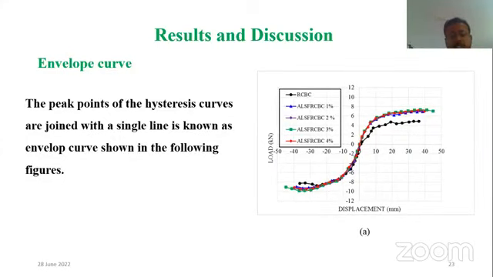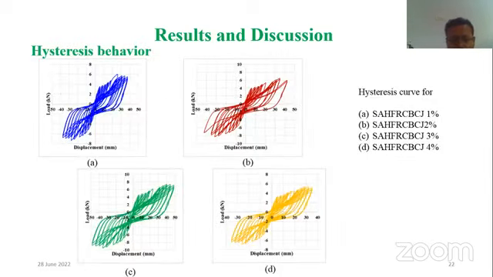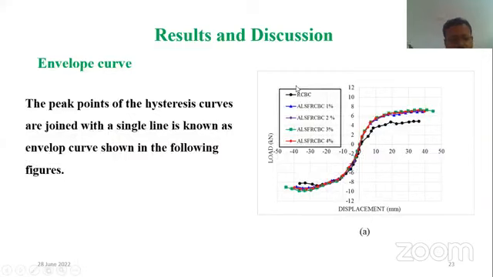The envelope curve represents the peak points of the hysteretic curves. Here you can see the hysteretic curve. If we join the peak points of the hysteretic curve, we will get the envelope curve that has been plotted in the figure. It will reveal the maximum load carrying capacity of the specimen for all the specimens.